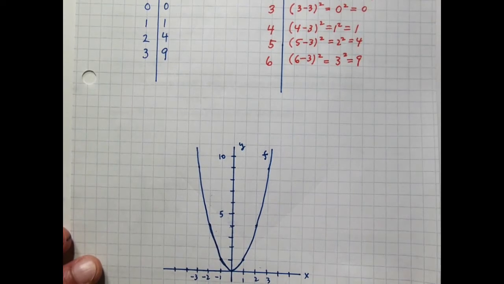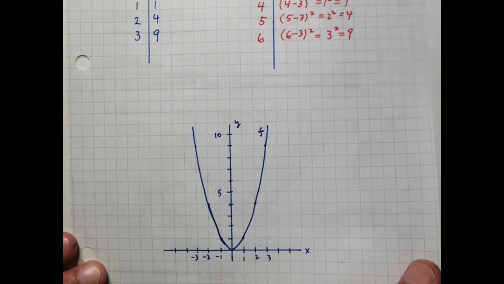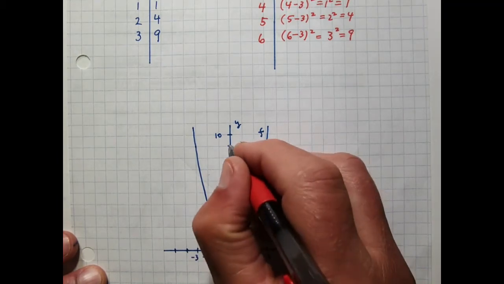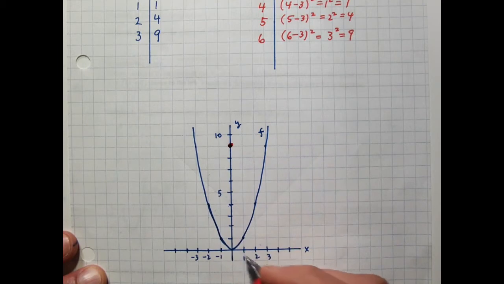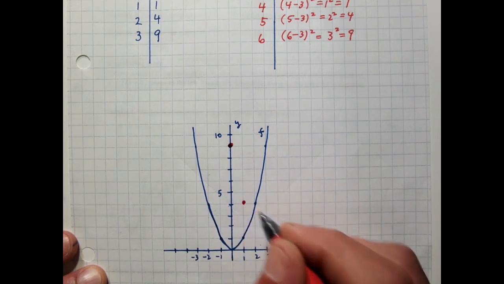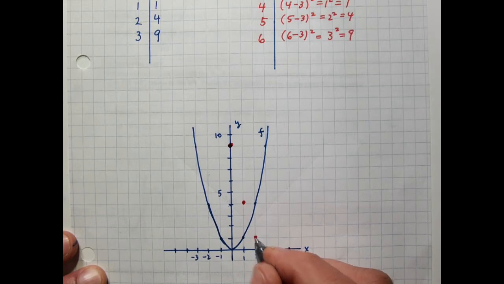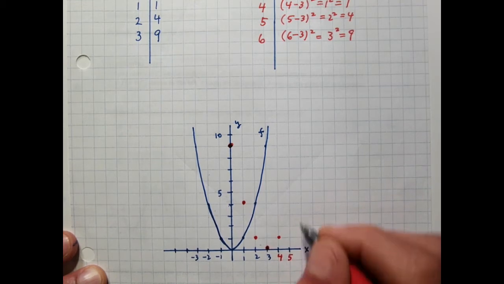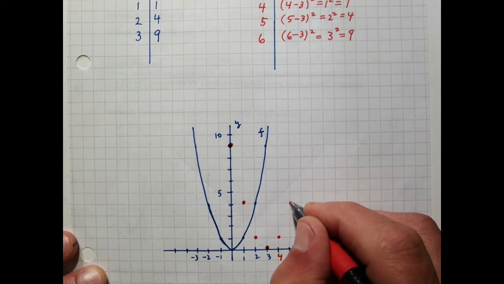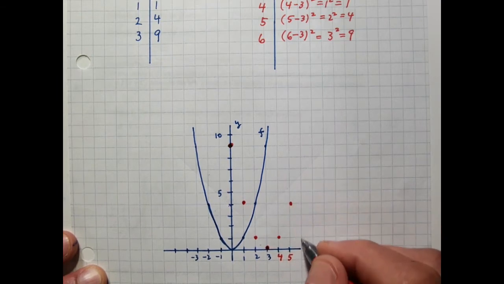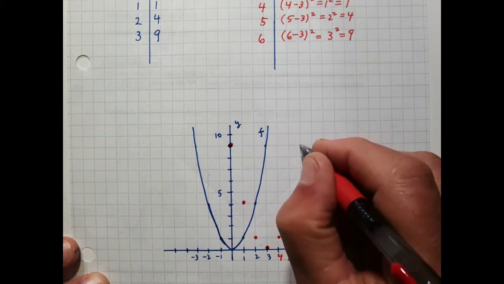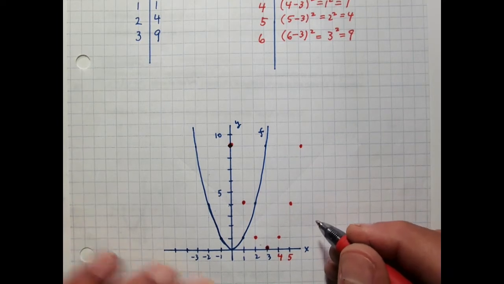And now, maybe before we draw any conclusions, let's just go ahead and plot these points down below on the graph grid. I know I'm covering up some of the points, but I can see them here. We have 0, 9. We have 1, 4, 2, 1, 3, 0, 4, 1, 5, 4, correct, and 6, 9.